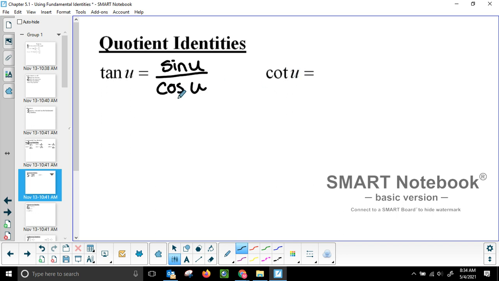And cotangent of u, we know that it's the reciprocal of tangent, so this is just cosine of u over sine of u. So this is just a refreshing of all of our identities thus far.